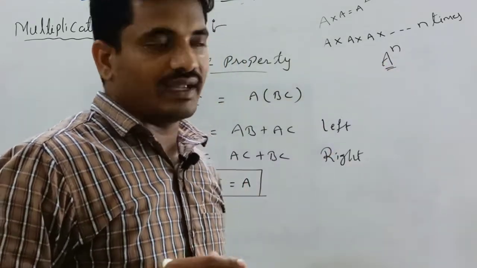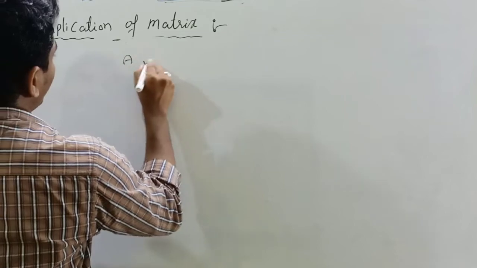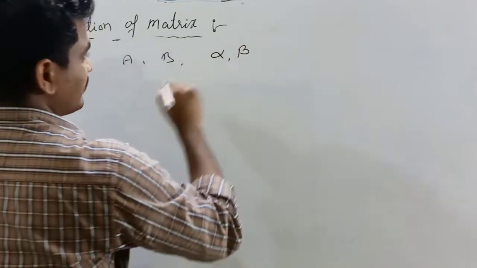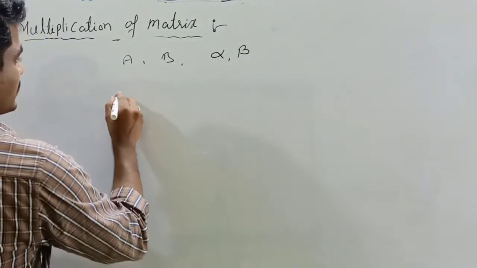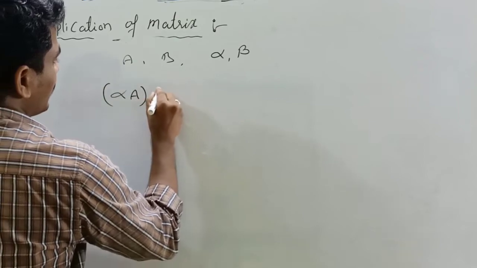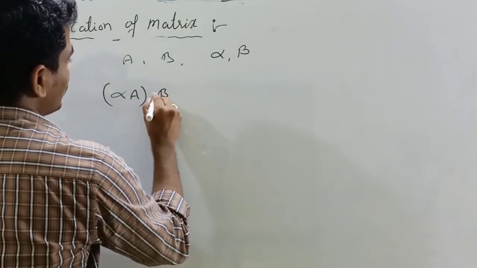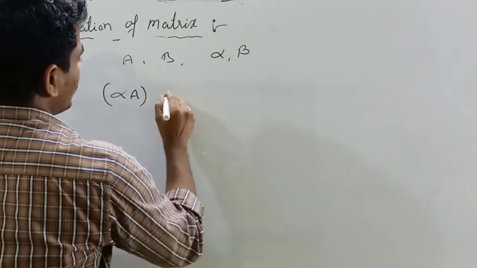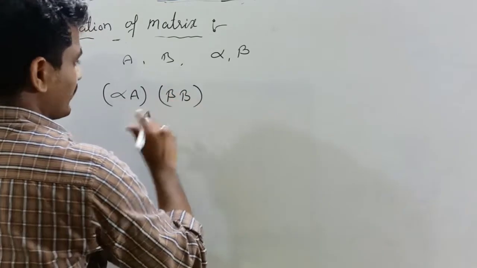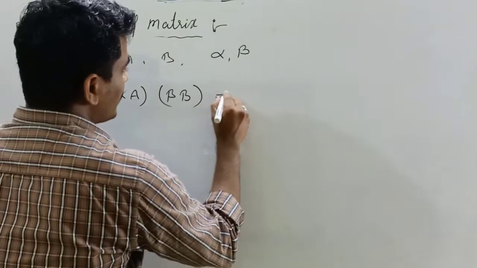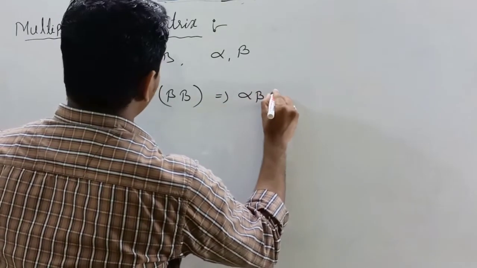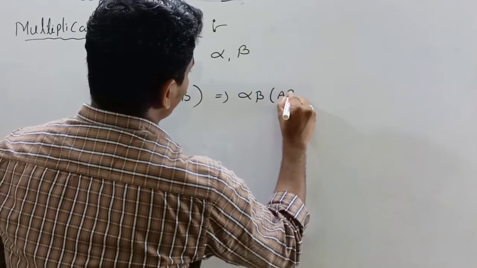And if A and B are two matrices which are multiplied with two scalars, like alpha into A and beta into B, when you multiply these two matrices we can write alpha beta of AB.